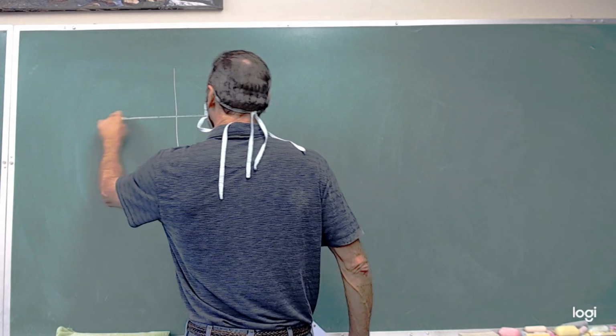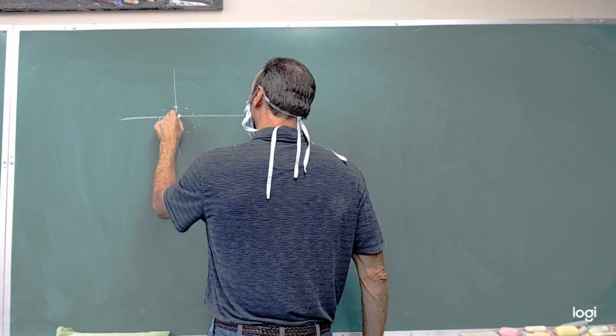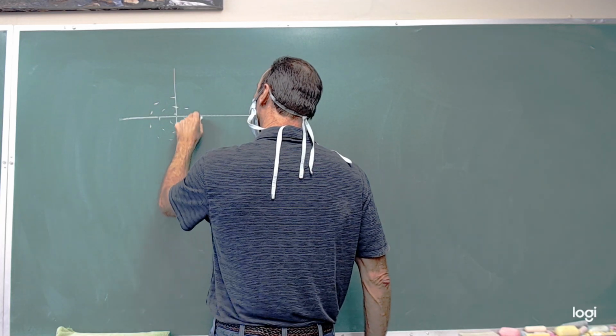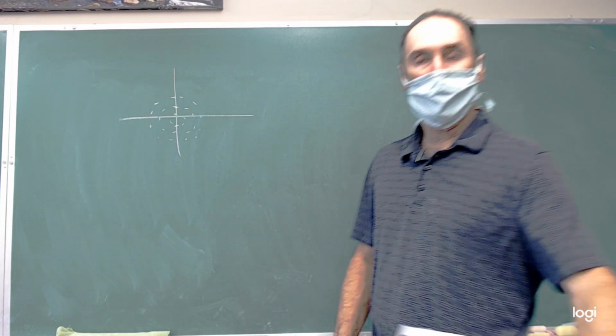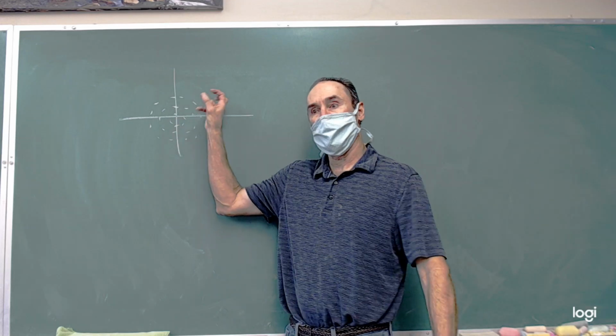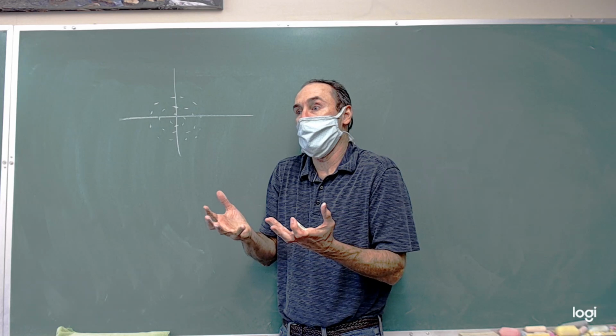On the first one we filled out, you get something that kind of looks like this. The little pieces of tangent lines that you have drawn there kind of look like they're forming a circle.